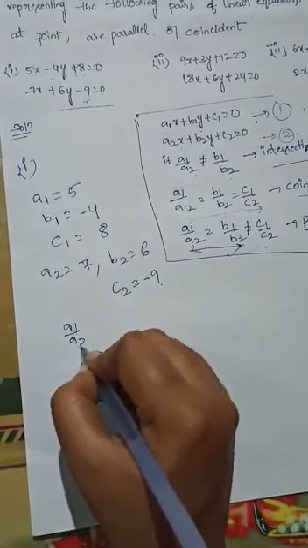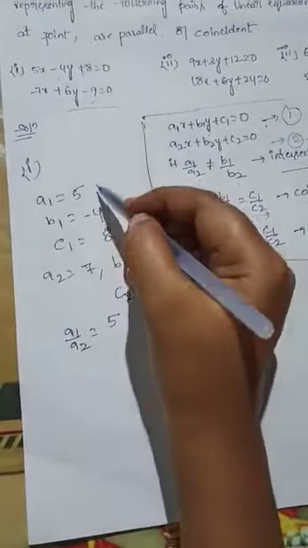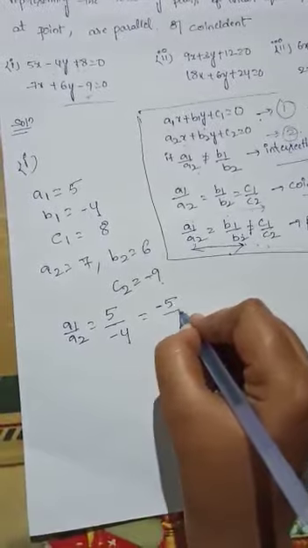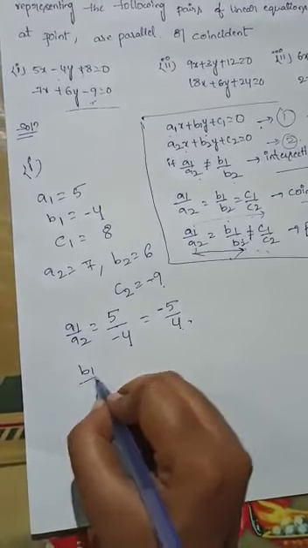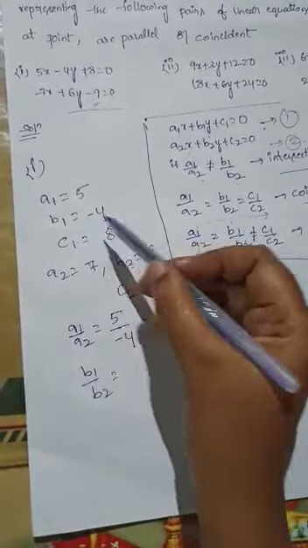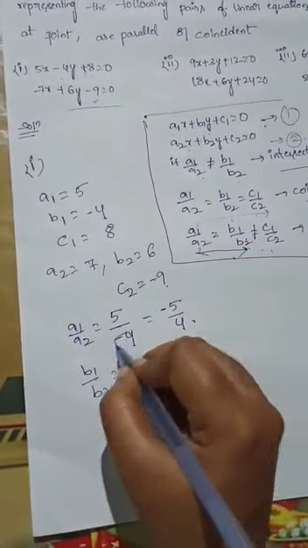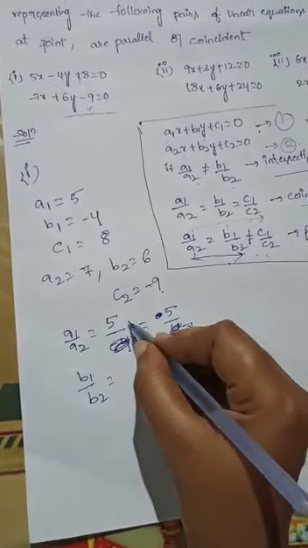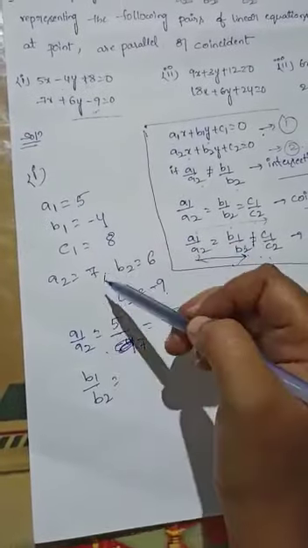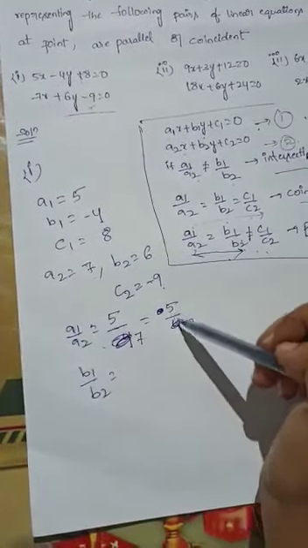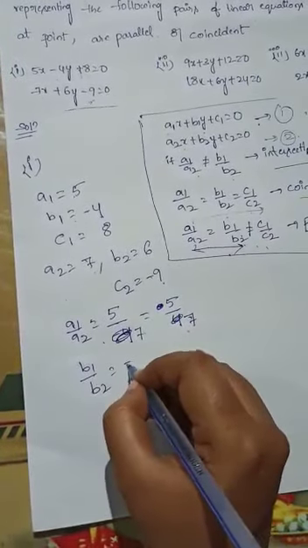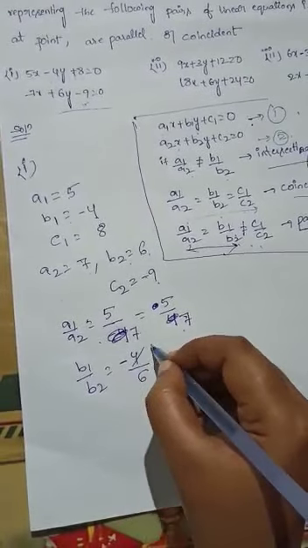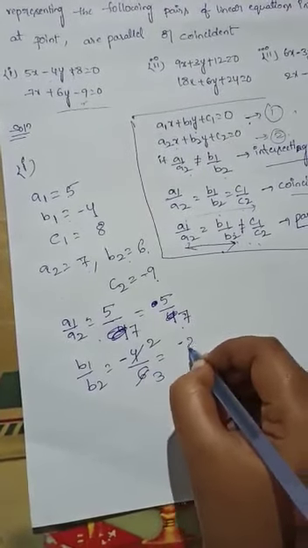a1 by a2 is 5 by 7. Next, b1 by b2: b1 is minus 4 and b2 is 6, which is equal to minus 2 by 3, since 2 twos are 4 and 2 threes are 6.